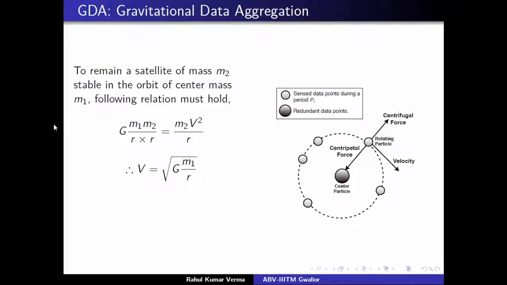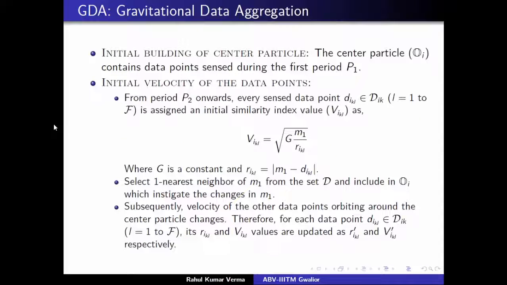For stable rotation in the orbit, these two forces should be equal. On that basis, I equate these two forces to identify the optimal velocity for a particular object to rotate in a stable orbit. This same concept is inherited in our mechanism. The first step in GDA is the initial building of the center particle.